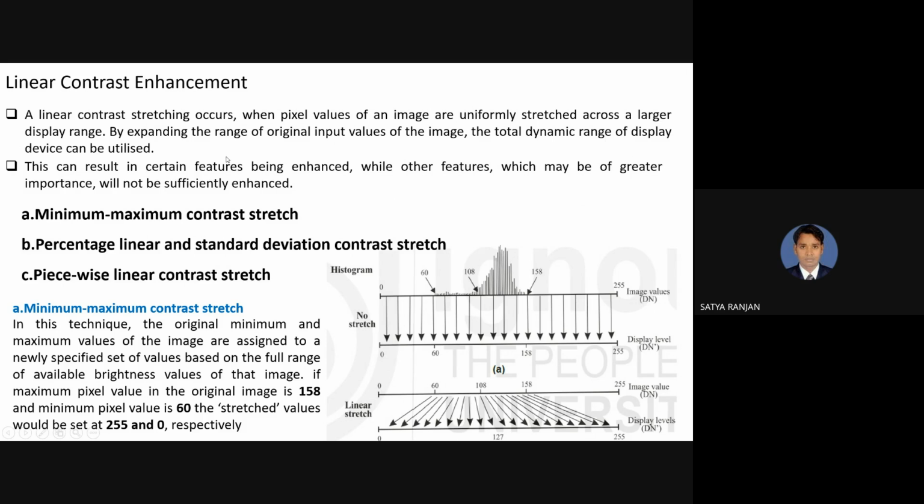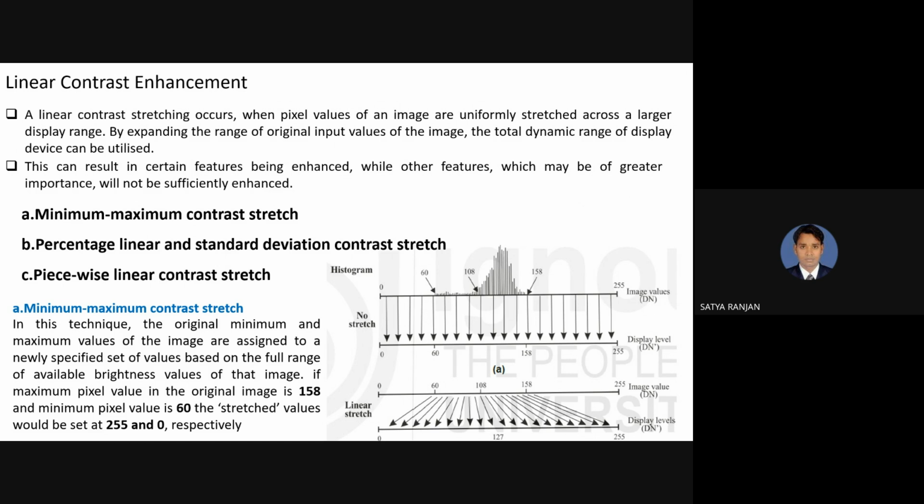So this is one of the pictures. Suppose the minimum pixel value is 60 and the maximum pixel value is 158. Then if it is enhanced, the minimum 60 goes to 0. So basically in an 8-bit computer system or 8-bit image, the value is from 0 to 255.